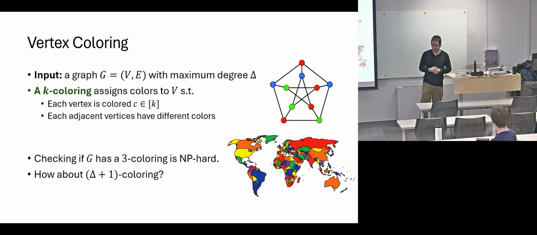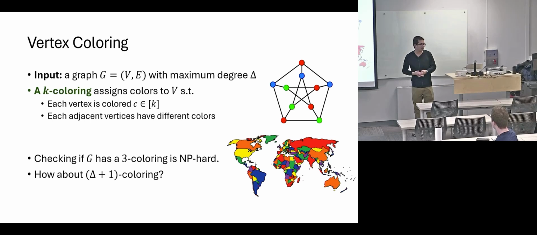You have at most delta many neighbors. So even if your neighbors consume all different colors, you still have 1 more color to pick. So that is a valid coloring.